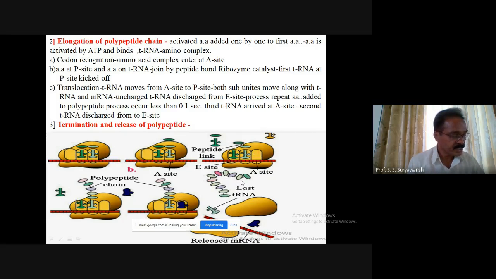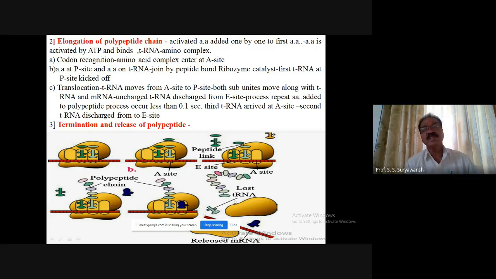In this way, this mRNA is released in the cytoplasm and it gets degraded by nucleases immediately. That means it is destroyed because of enzyme activity, the nuclease enzyme. And this mRNA has a very short lifespan. Why?